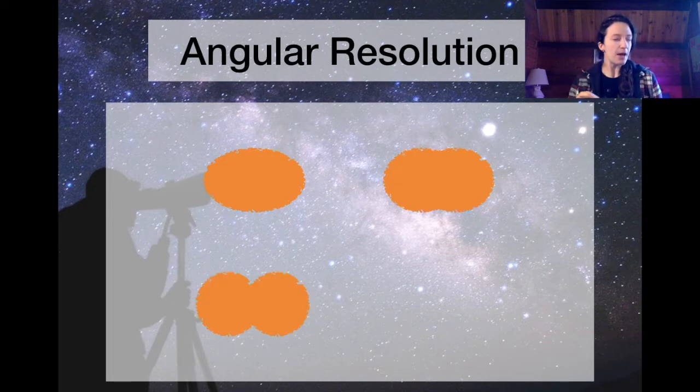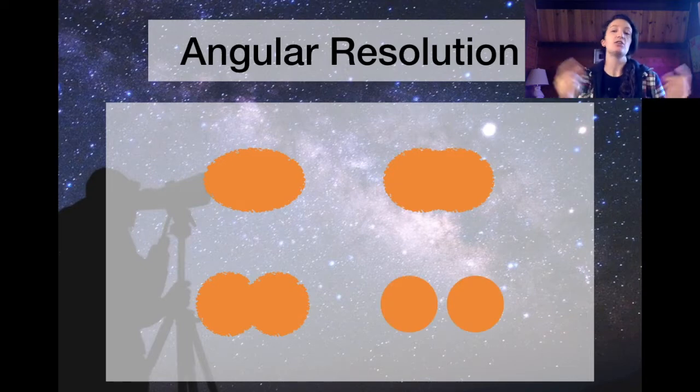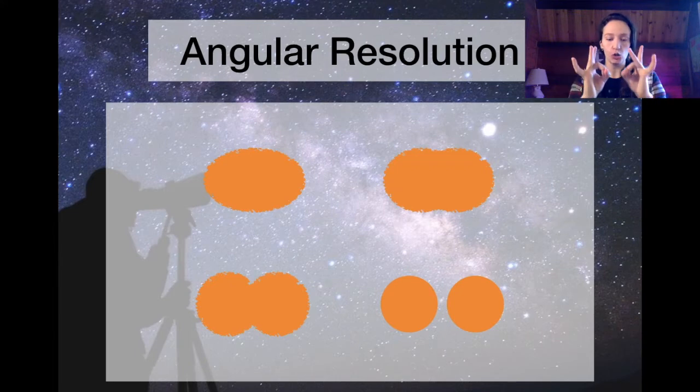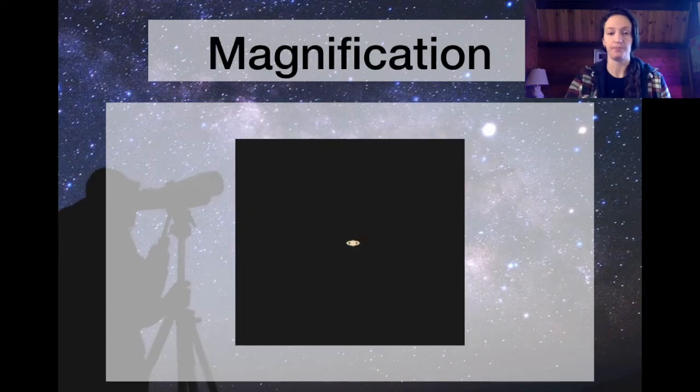Get a little bit better and they start to separate a little bit more. And then finally, ideally, you want to have a nice crisp image where you can get these 2 point sources and clearly see the empty space between them. So again, in this one, the top left image has the worst angular resolution or the largest number, and the bottom right image has the best angular resolution or the smallest number.